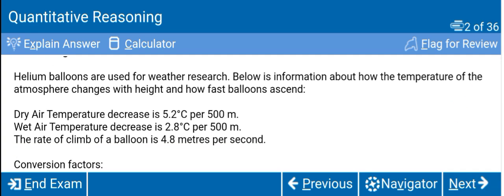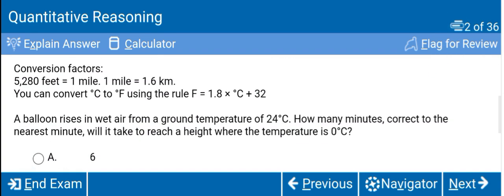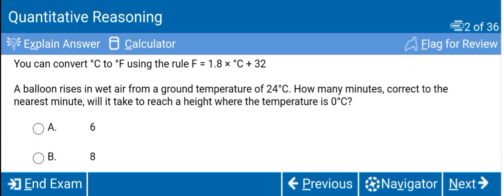Next again we have the same information given in the passage, but the question is that a balloon rises in wet air from a ground temperature of 24 degrees centigrade.